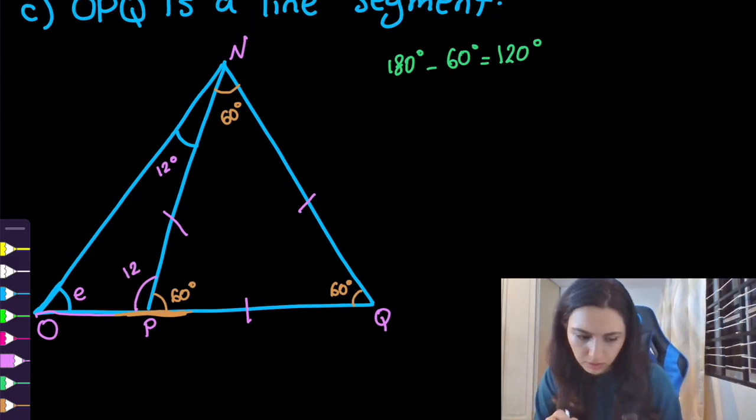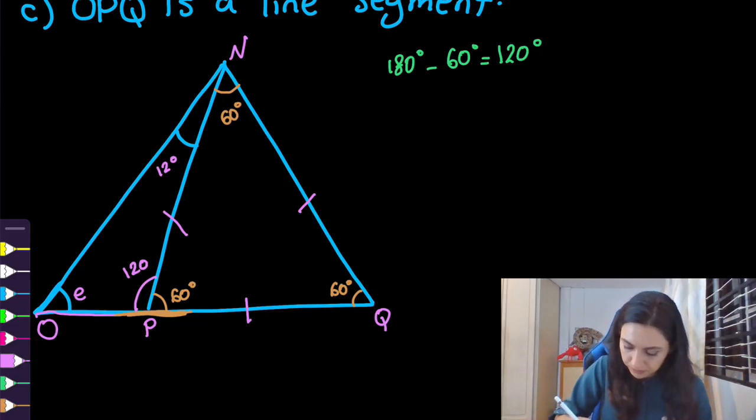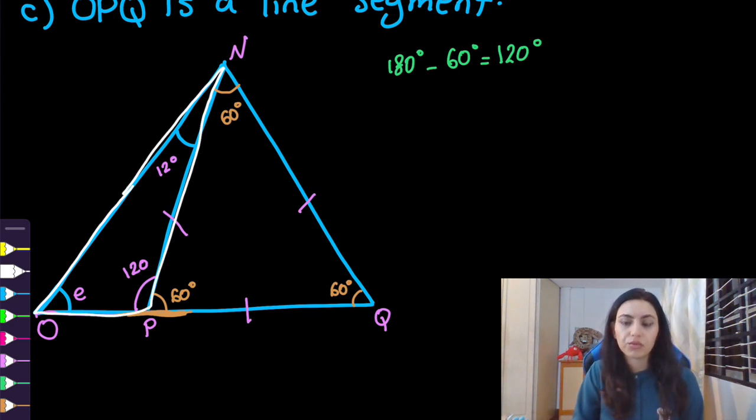But you see how the outside of it kind of made a triangle as well. So we have 120 here, we have 12 degrees here, and we're just missing the angle E. So this itself, it's a triangle, isn't it? So the same rules for triangles apply to that.